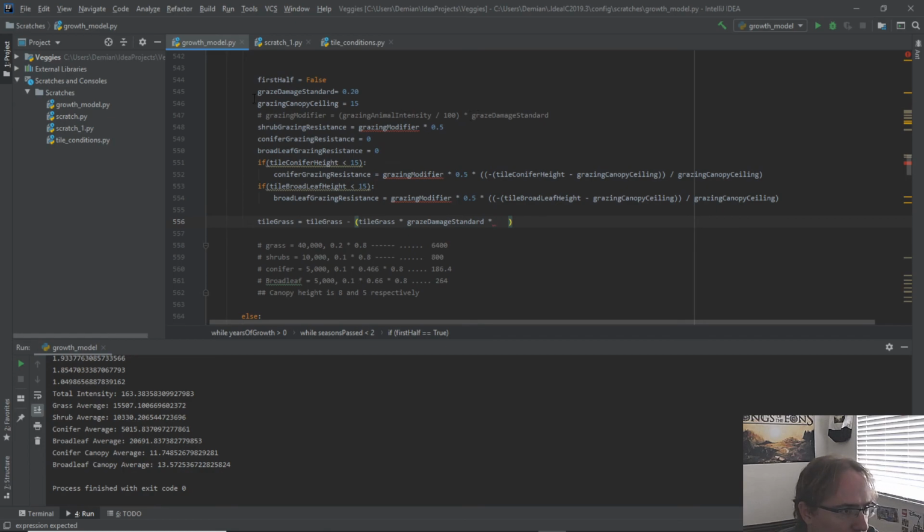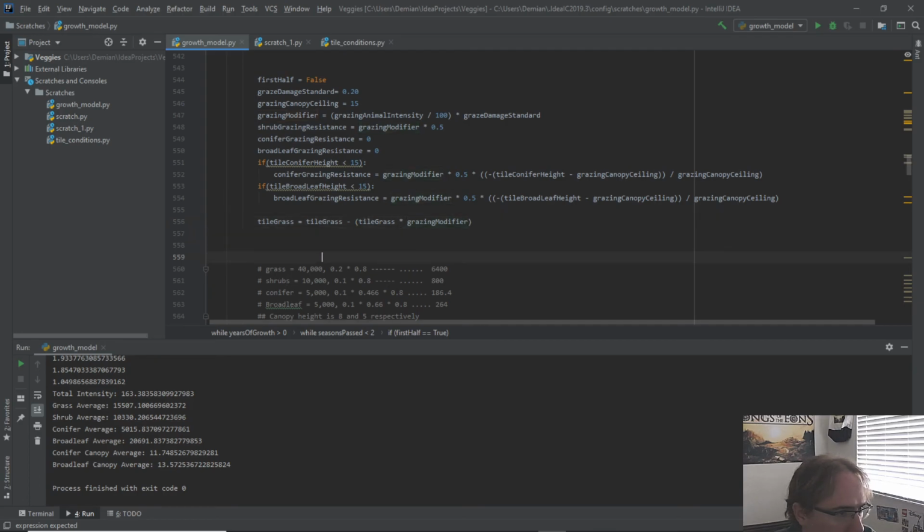Well, graze damage standard. No, actually, we can do this. Can we? Graze damage standard. Yes. Okay. Yes, this works. So grazing modifier times nothing, because this is grass. It has no resistance to grazers.